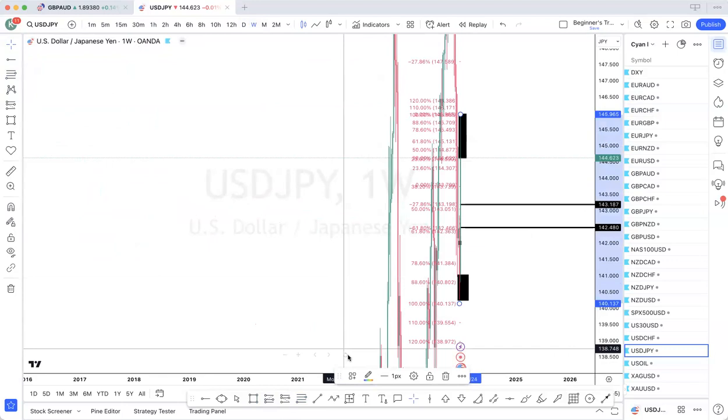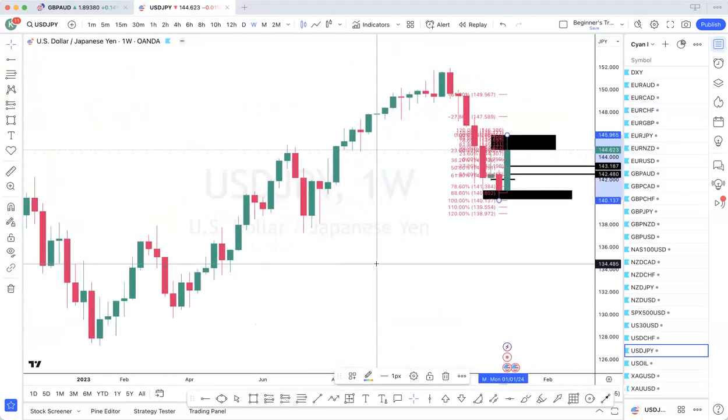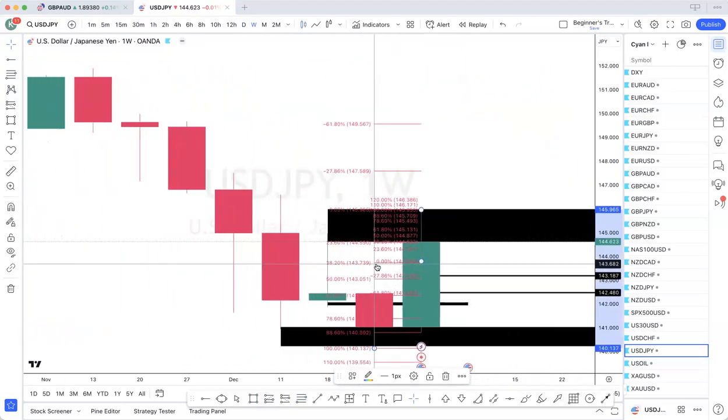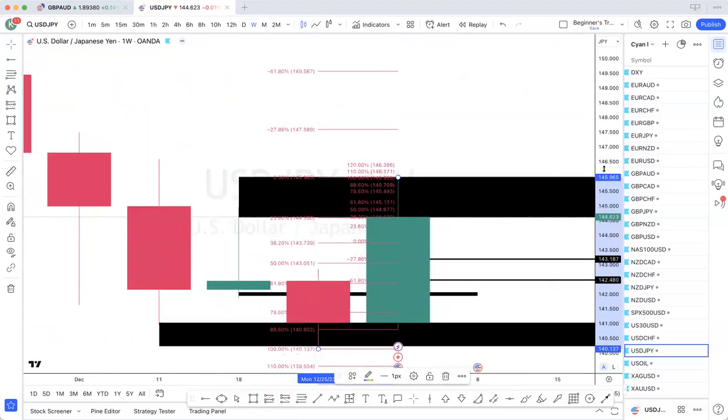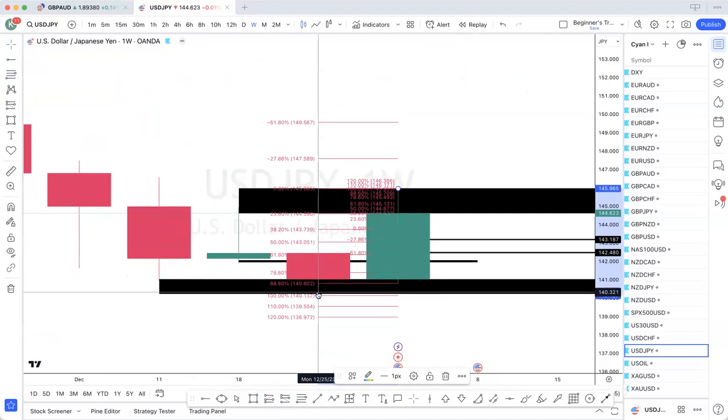Let's go to the weekly. So yeah, I marked that right. I marked from the low right here to the high.